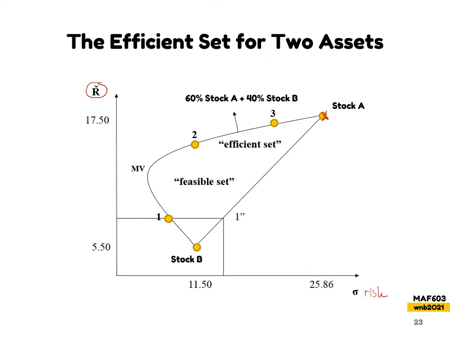And for the other points, I plot portfolio number 1 here, portfolio number 2, and also portfolio number 3. From this diagram, we can learn a few things with regard to the efficient sets for two assets, which I will explain in detail in the coming slides.